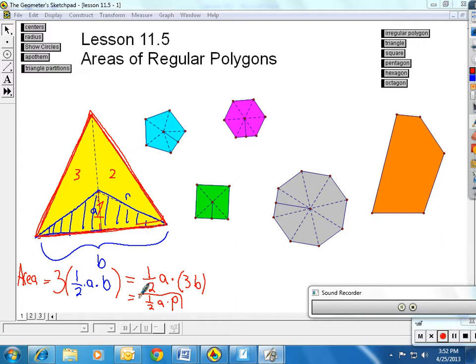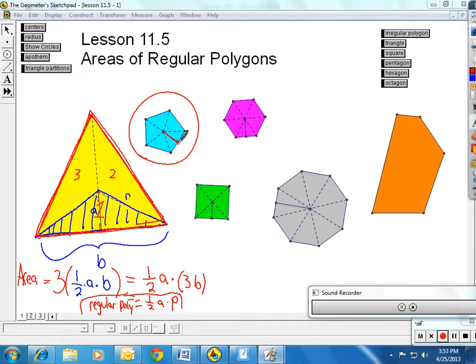So here is your area formula for a regular polygon. Okay, 1/2 apothem times perimeter. Now, you should see that that should always work for any of them. So let's look at the pentagon here. Here I've got the apothem.